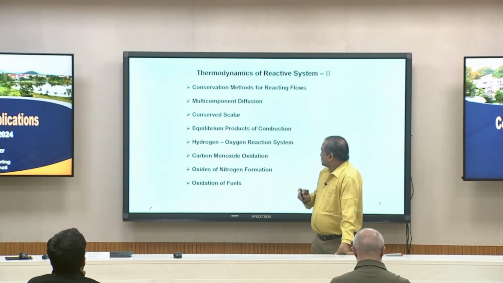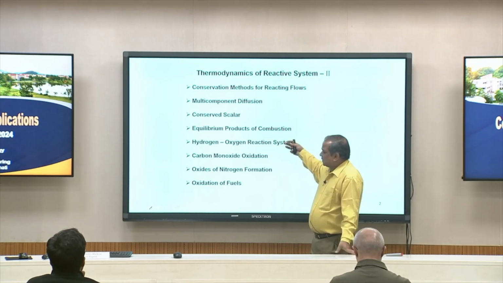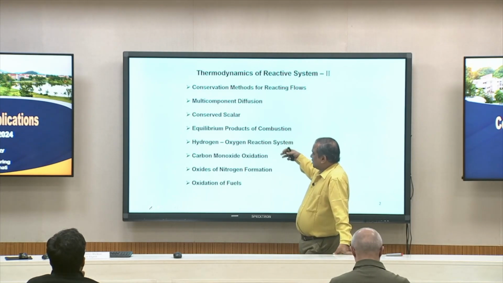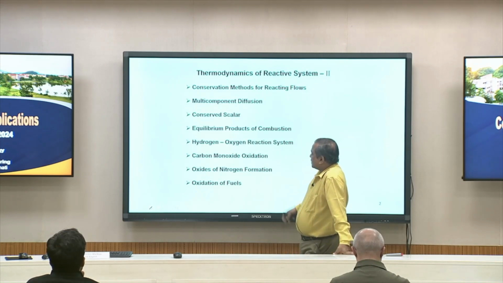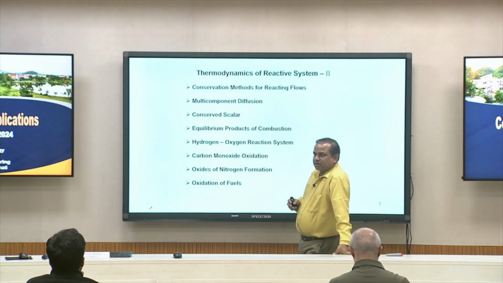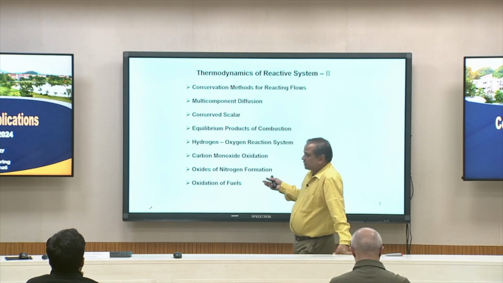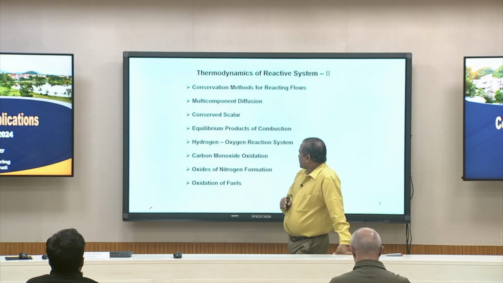Through these, we will try to evolve the formation of compounds like CO and NOx: why it is formed, and whether it is due to temperature, pressure, equivalence ratio, or any other reasons. What is that mechanism?